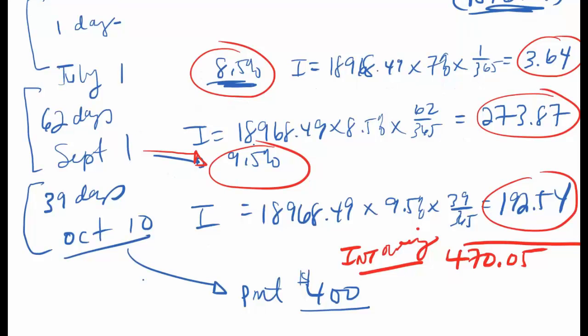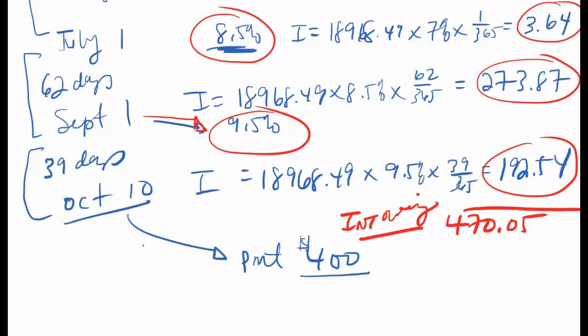For 62 days, my balance is 18,968.49 again at 8.5% since the interest rate changed on July 1st. That's $273.87 owing. On September 1st, the interest rate changed to 9.5%. So from September 1st to October 10th, which is 39 days, at 18,968.49 at 9.5%, I owe $192.54. So the amount of interest owing is $470.05.